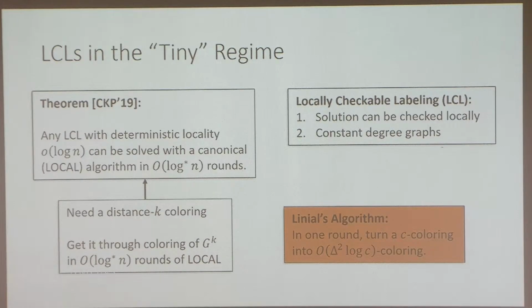The only thing you need to keep in mind is that if you have a C coloring, you can turn it in one round or maybe two into a log of C coloring. So you can reduce the color space exponentially. Don't care about the delta squared there too much. I just left it there so that I'm not lying too much.